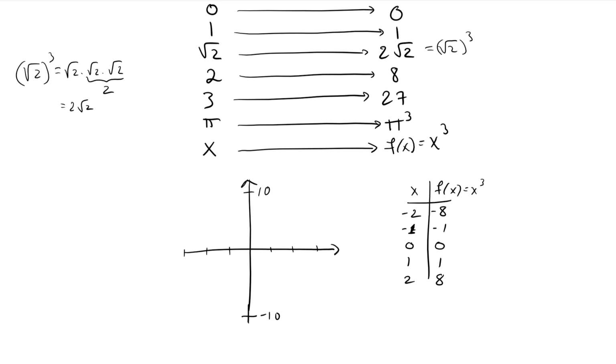So this would be 5, and 1, 2, 3, 4, 5, like that. So 0, 0, and 1, 1 would be right there. Actually, that's not completely true. This is actually 1.